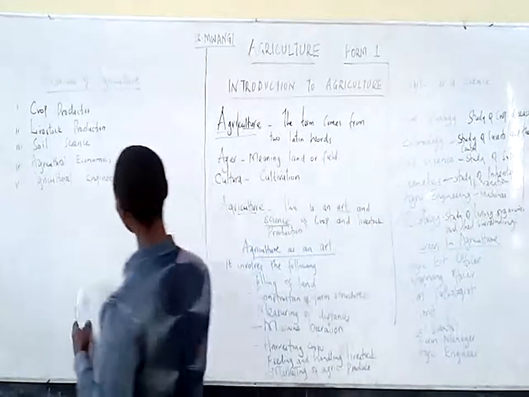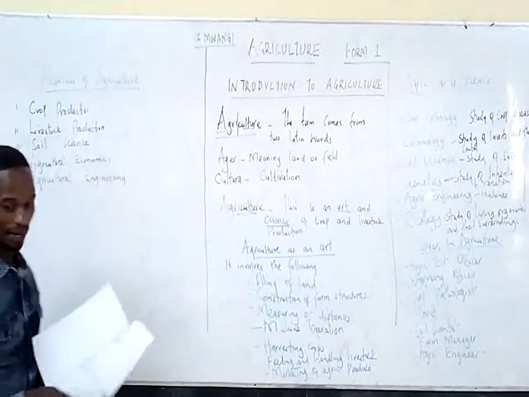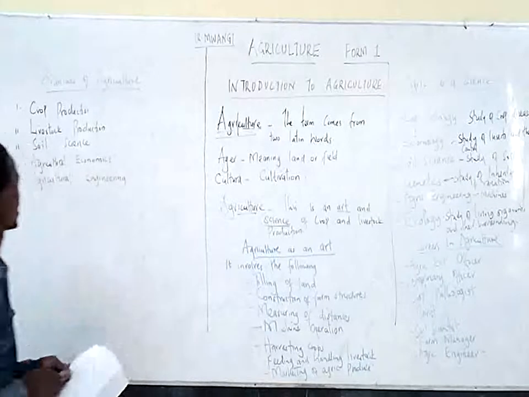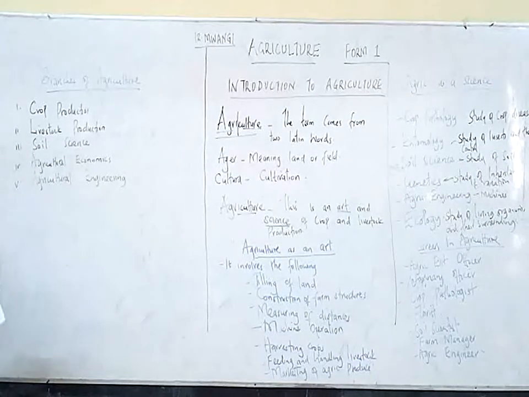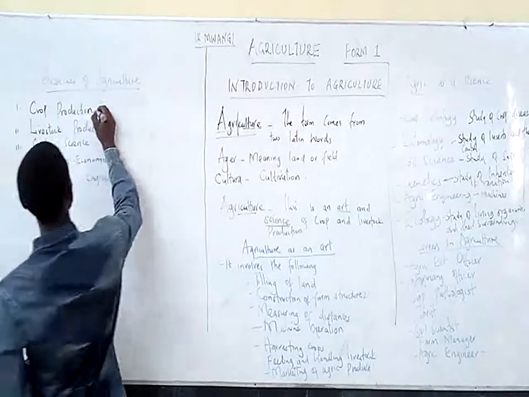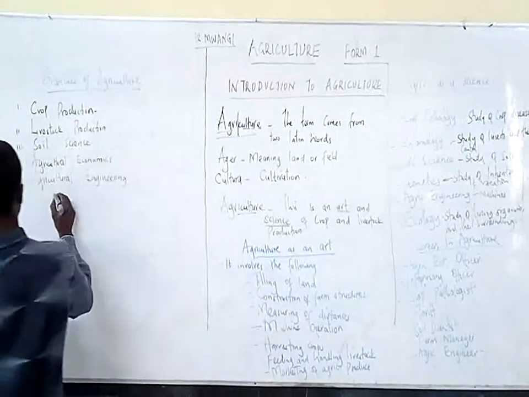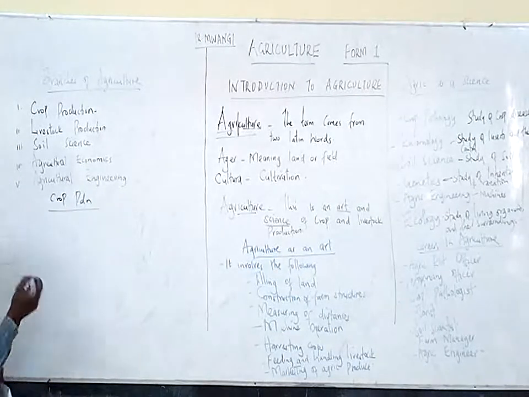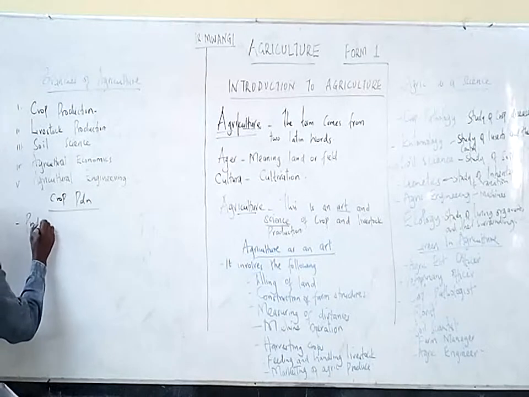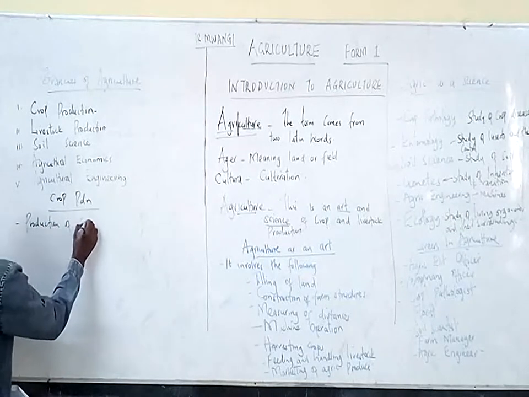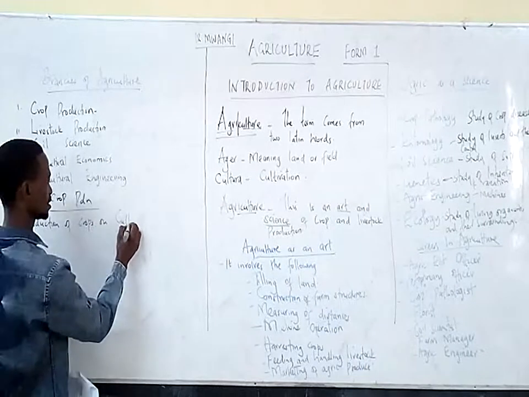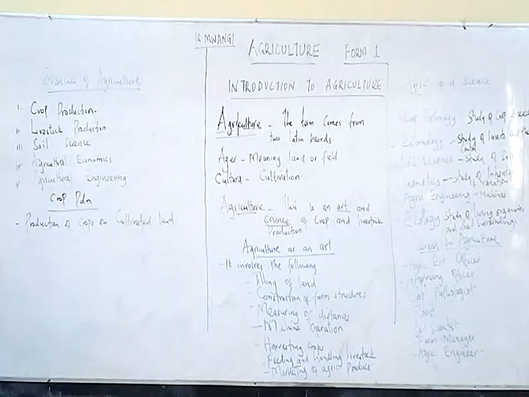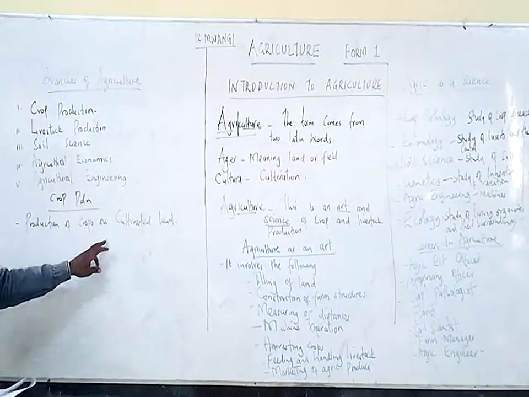So we will start by looking at crop production. We start by looking at crop production as one of the most important branches of agriculture. So crop production is the production of crops on cultivated land.